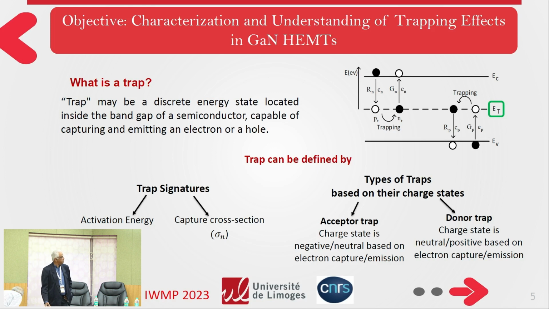The unoccupied donor state is positively charged and will be neutral if it captures an electron. The trap signatures are activation energy and capture cross section. We will see how we can characterize activation energy and capture cross section.